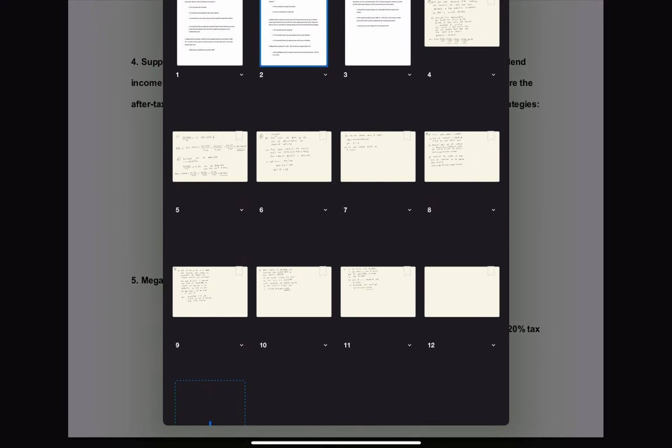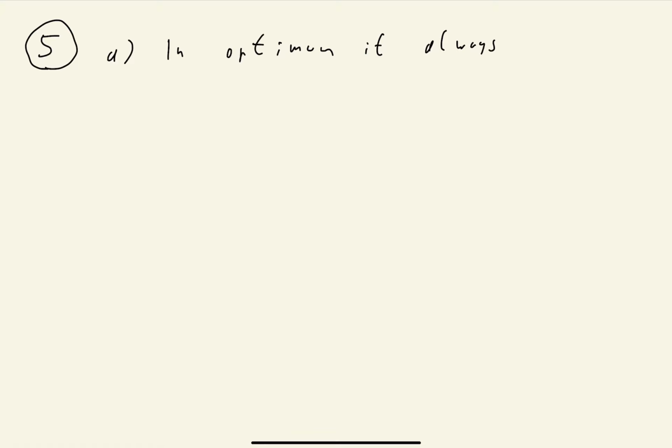Okay, so this is 5A. In the optimum, it always holds that the marginal benefit, or the marginal return, is equal to the marginal costs.